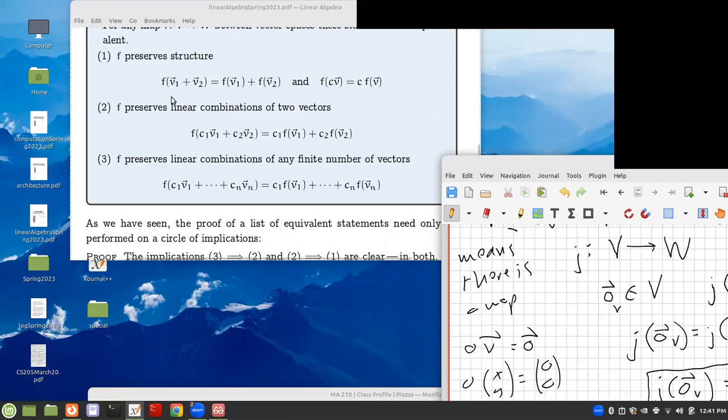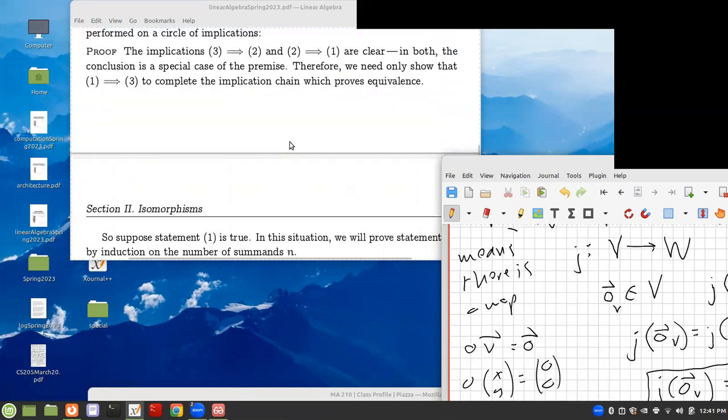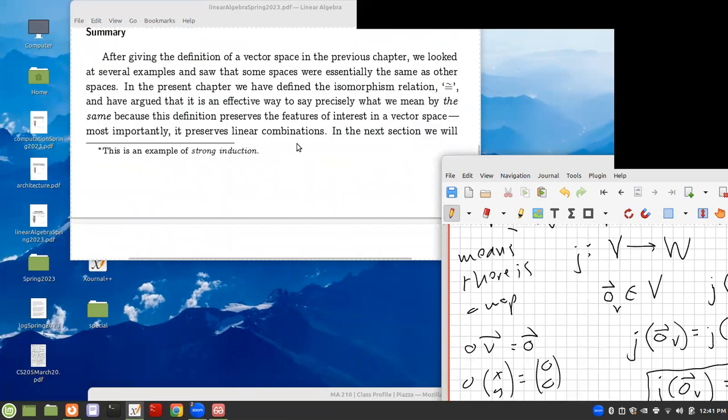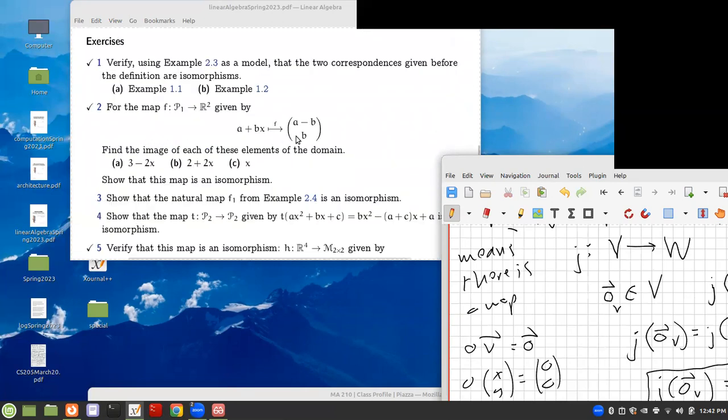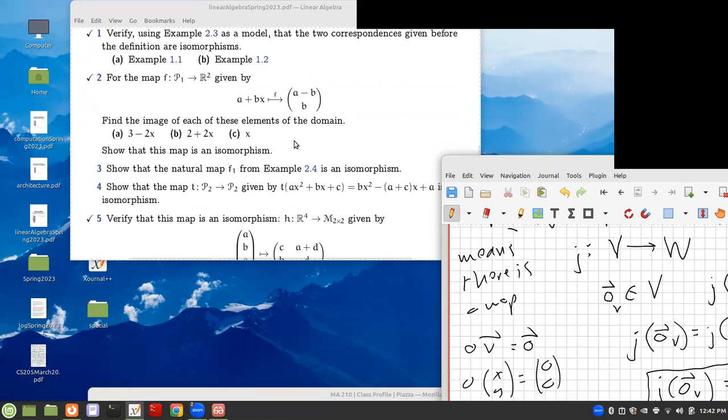Equivalently, the image of a sum is the sum of the images, and the image of a rescaled vector is the rescaled version of the image, and this extends to any linear combination with any number of vectors. That's the first introduction.